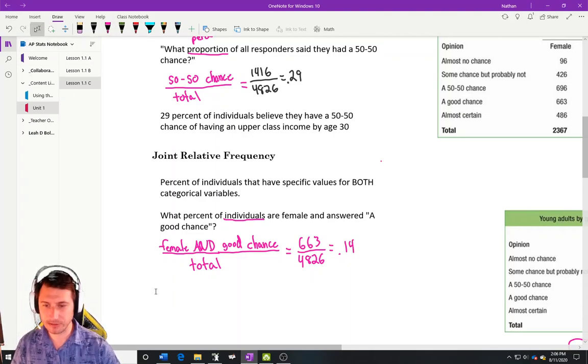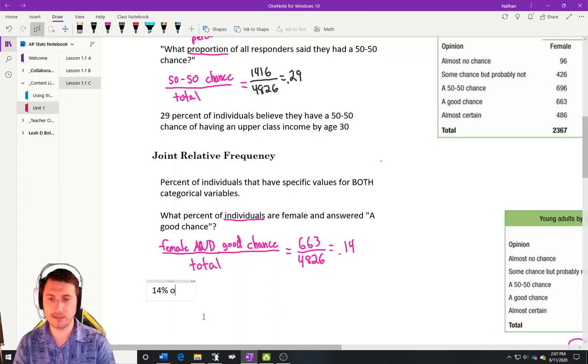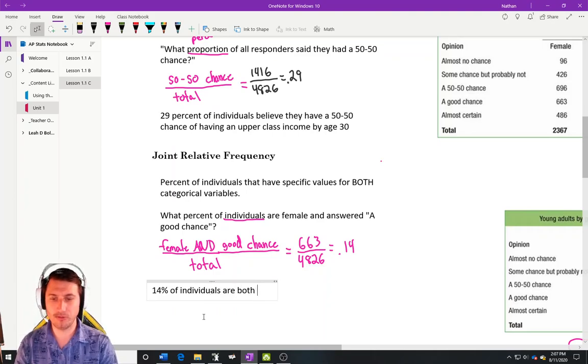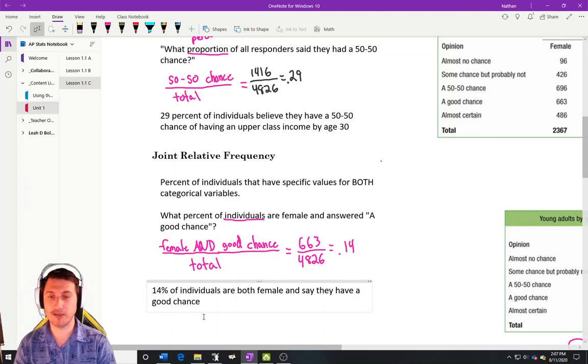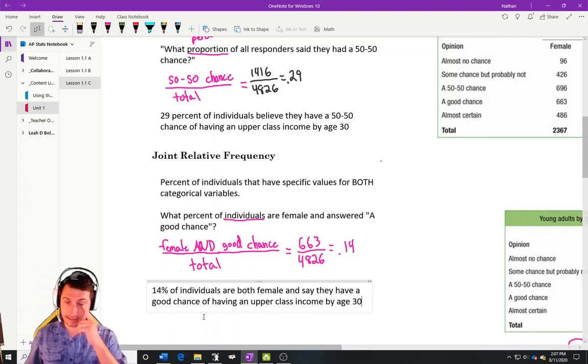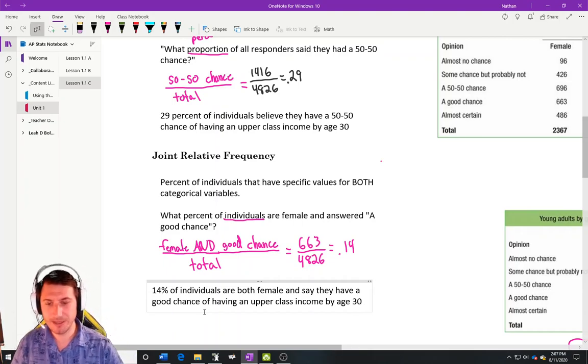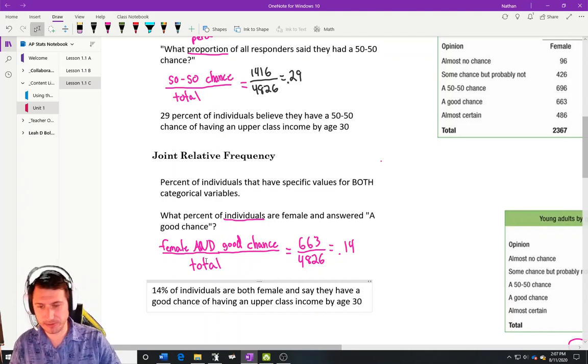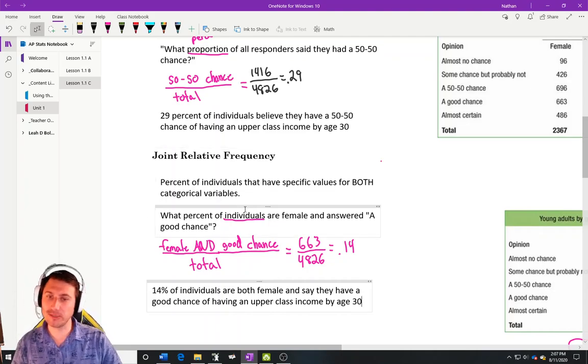So what does that answer mean? 14% of individuals are both female and say they have a good chance, now it's time for context, of having an upper class income by age 30. Yes, it keeps sounding redundant because the sentence is so similar, but context is always important. Okay, so that's the joint relative frequency.